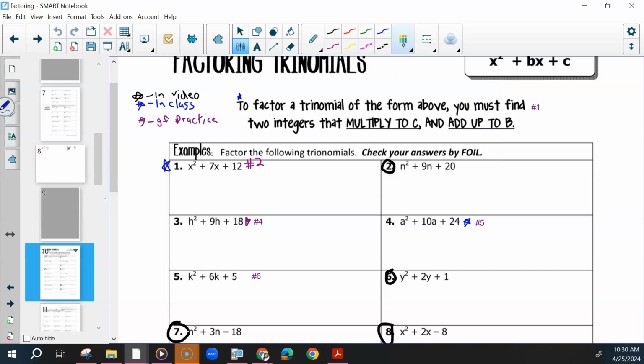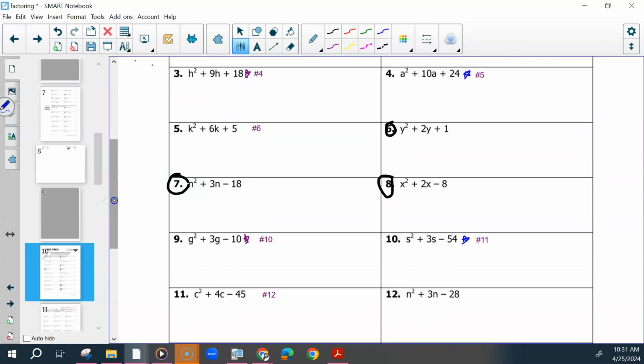So with these, we're looking for 2 numbers that multiply to be the last and add to be the middle. So for number 1, we can just find the factors of 12 first. What 2 numbers will multiply to be 12? 6 and 2. What else? Go grab your calculator if you don't have it. 12 and 1. 3 and 4.